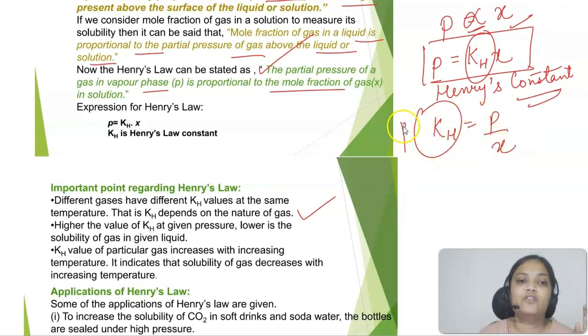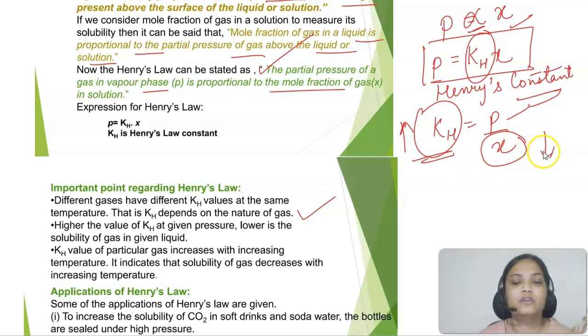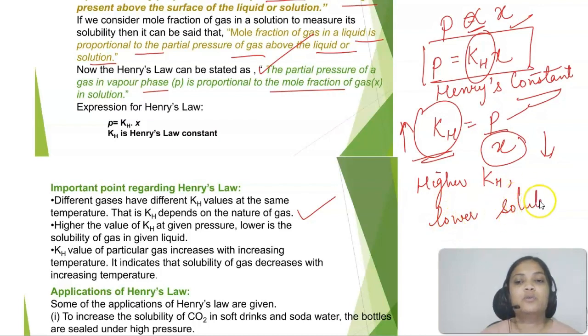So if the value of KH is high at any given pressure, the solubility would be less because they are inversely proportional. So that's what we can say: a higher value of KH means lower solubility. Let me tell you, students, the question from this topic was asked in your NEET previous year examination.